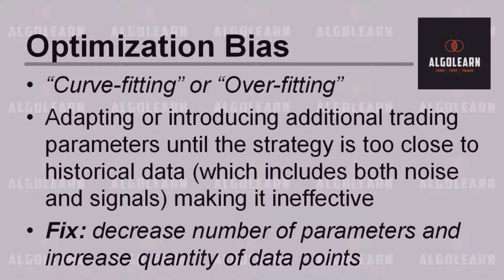Optimization bias. You might have heard this as curve fitting or overfitting. Basically it's adapting or introducing additional trading parameters until the strategy is too close to the historical data, which includes both noise and signals, making it ineffective in the future.